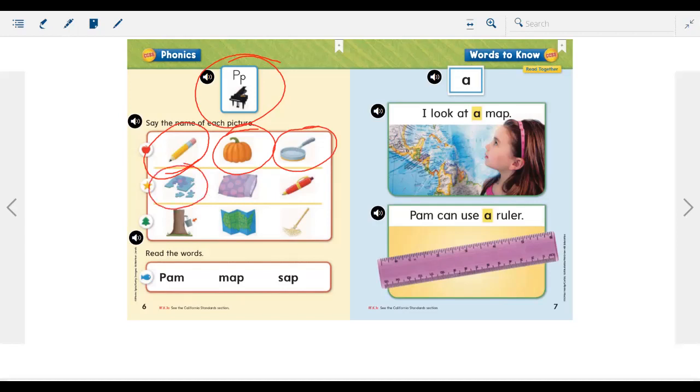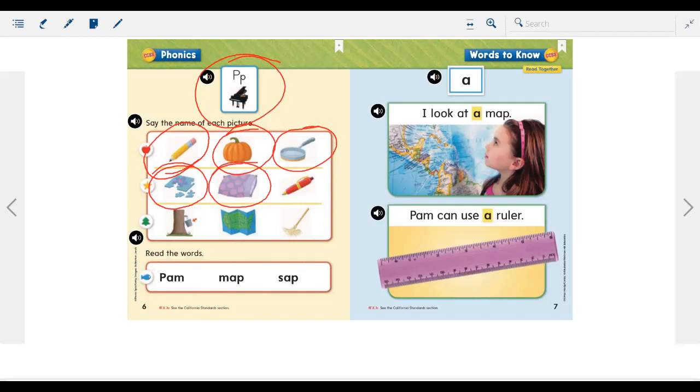We're listening for the P sound. This is a P, puzzle. P, puzzle. P, pillow. Say it with me. P, pillow. Do you hear the P sound?